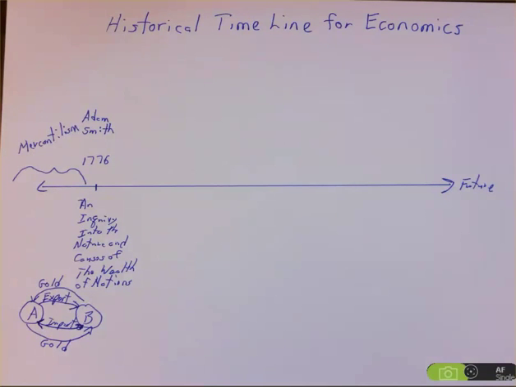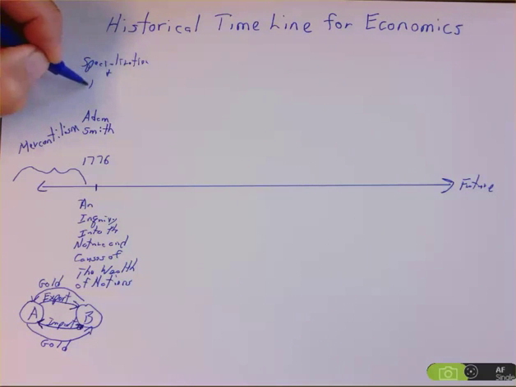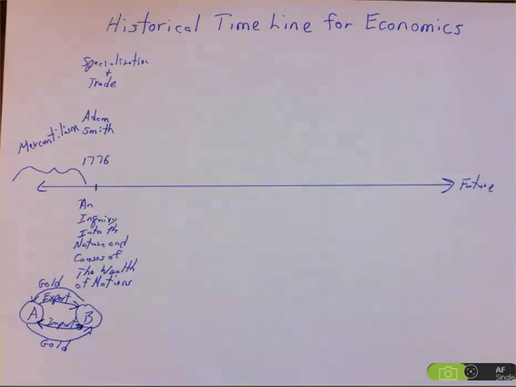Smith's book was an attack on mercantilism, and Smith said nations become wealthy by specialization and trade. This is a rather subtle idea that takes people a little while to grab a hold of, but if you think about it, each of you is in school and you're training to be a highly specialized person. Maybe your major is accounting or marketing or management or economics or computer science or something. It's a highly specialized field.